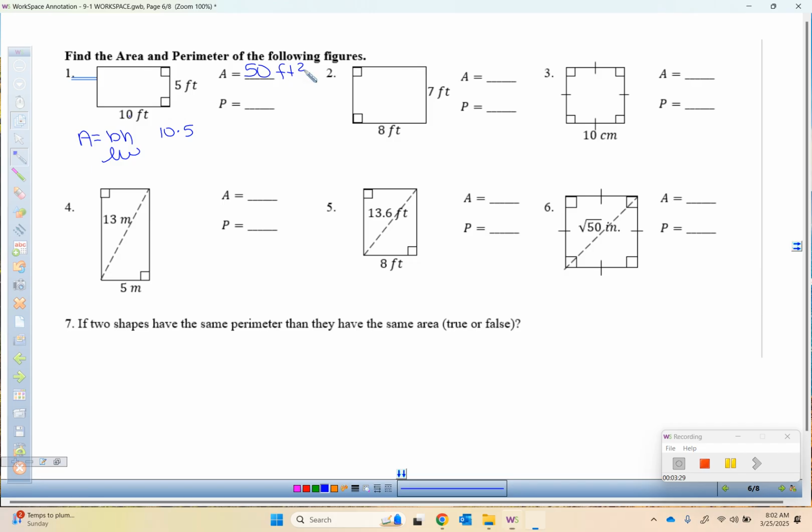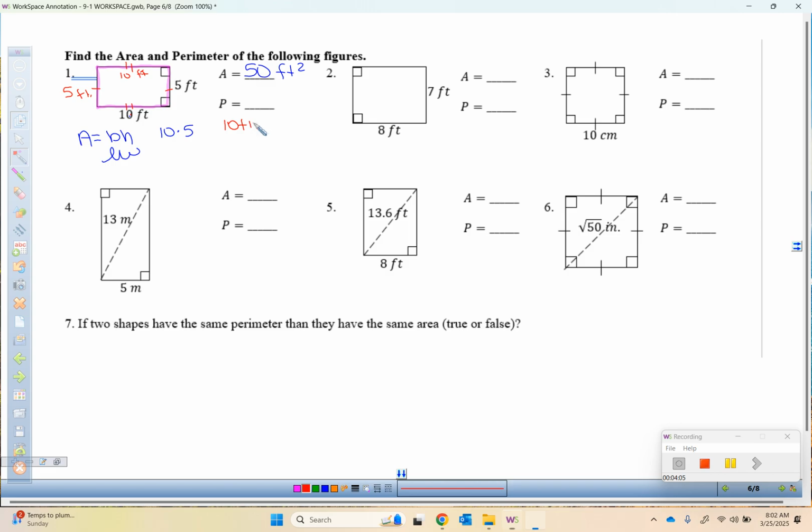Okay? The perimeter is around it, so it's this side plus this side plus this side plus this side, all the sides. So if this is 10 feet, we know that it is congruent with this up here, and this is also 10 feet. And we know that this side is congruent with this side, and we know this is 5 feet. So if we were to add all of these up, we would have 10 plus 5 plus 10 plus 5.